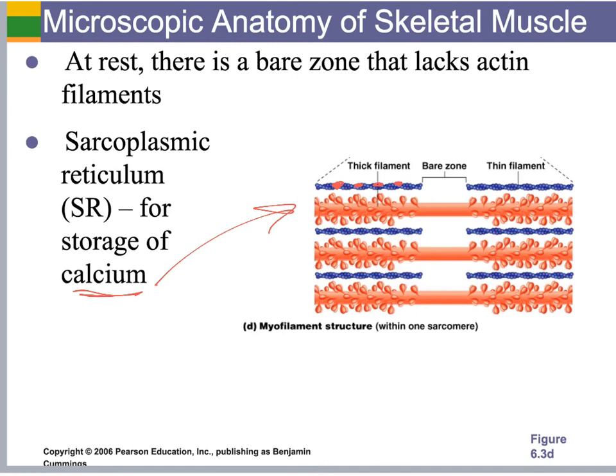They're blocked by two proteins, troponin. It's called the troponin tropomyosin complex.